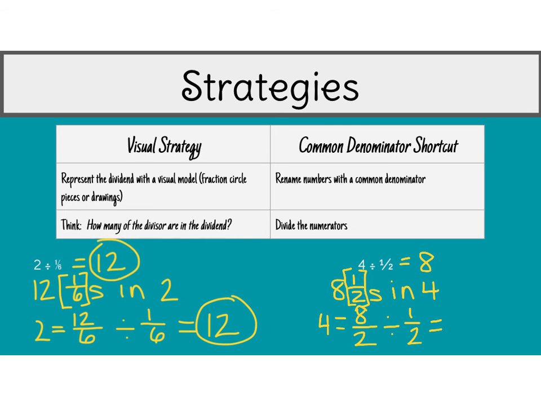And remember, we're only going to divide the numerators. So 8 divided by 1 is 8. So we place that 8 here, and notice we've got an 8 using the common denominator shortcut, and we got 8 using the visual strategy.